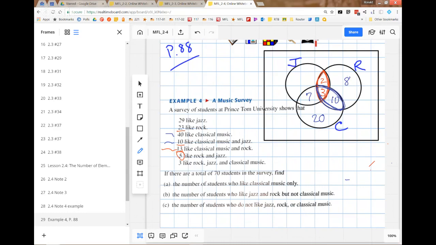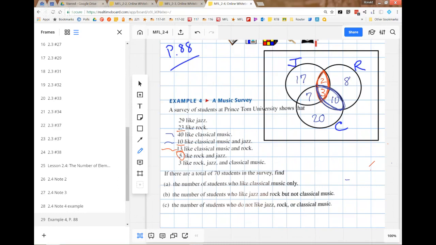So we need 8 there, right? Okay. All right. And then 29 like jazz. Currently, how many do we have that like jazz? 12. Right. So we need another 17. 17 added on to 12 would be 29.